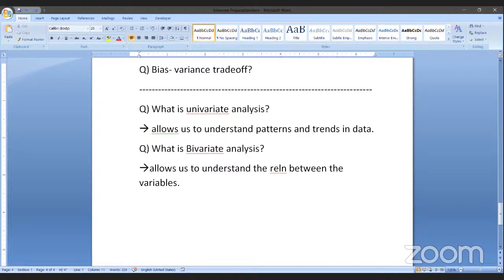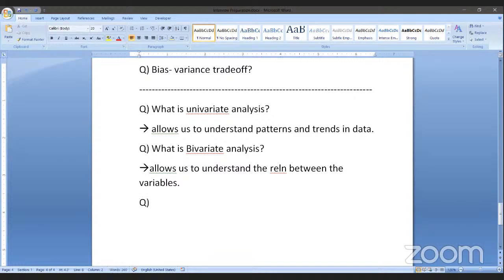So for example, we can give when we are analyzing data that contains temperature and altitude. So with varying altitude, the temperature varies. So that is an example of bivariate.